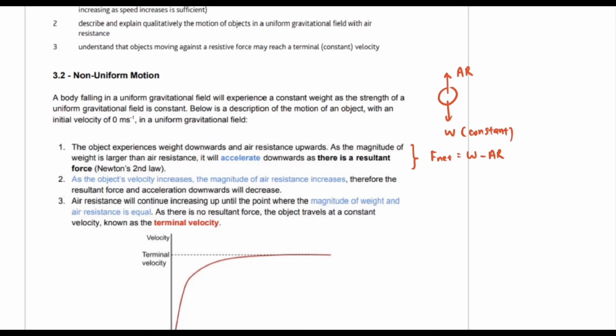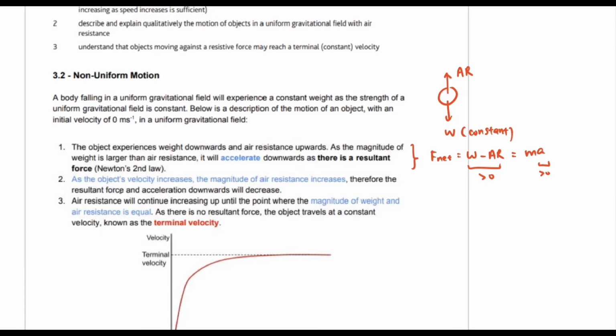So because of that, W minus AR gives you some value. And based on Newton's second law, net force equals ma. So if this minus this gives you some value, then there will be acceleration. If this minus this ends up with 0, then acceleration is 0 also. So this one is more than 0, and then this is more than 0. That means the object accelerates.